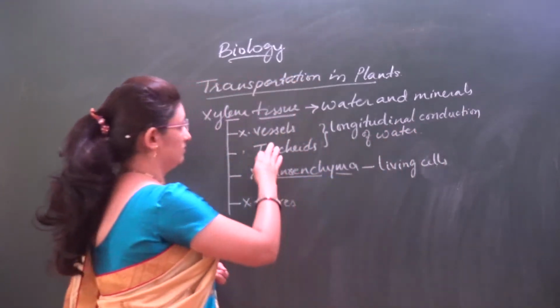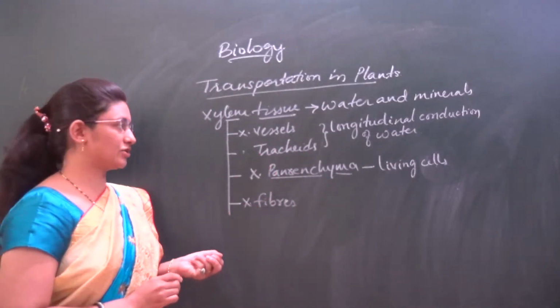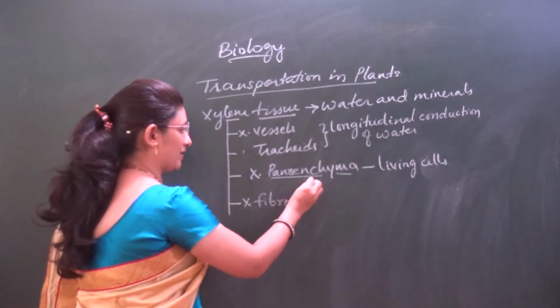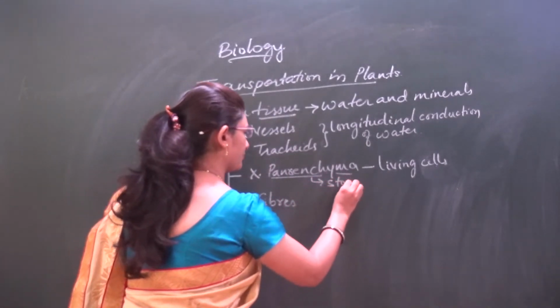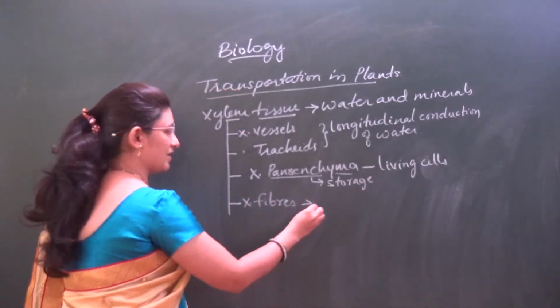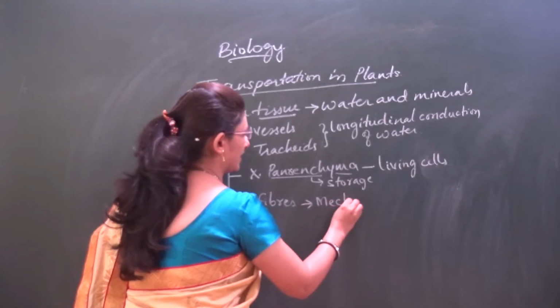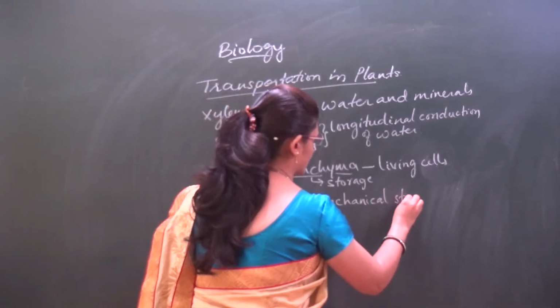Parenchyma cells of the xylem help in the storage, and fibers provide the mechanical strength to the plant body.